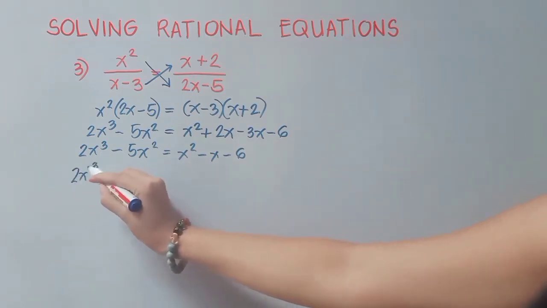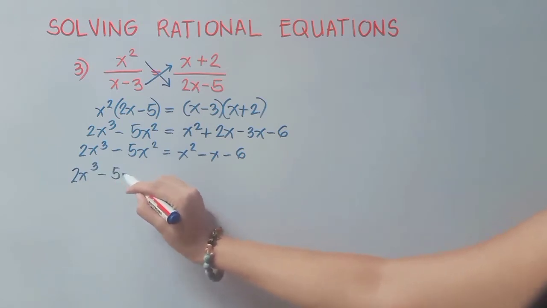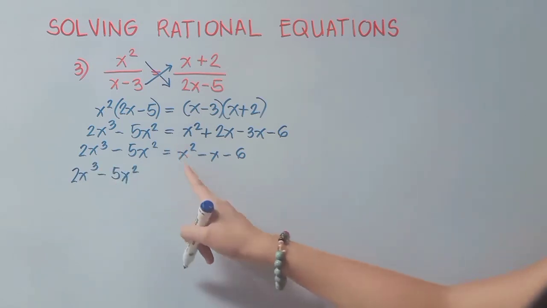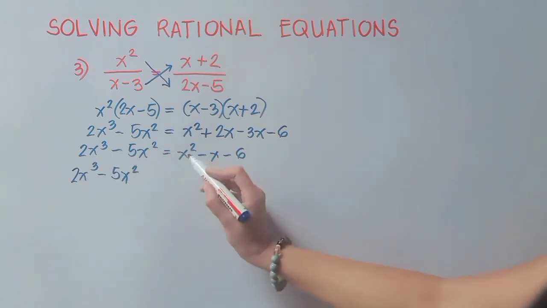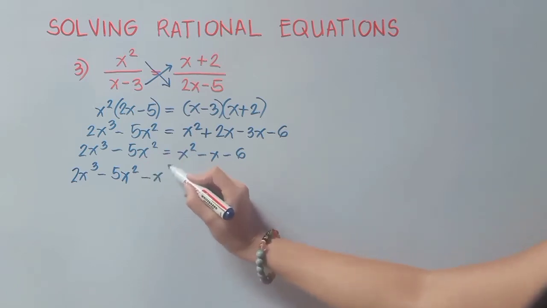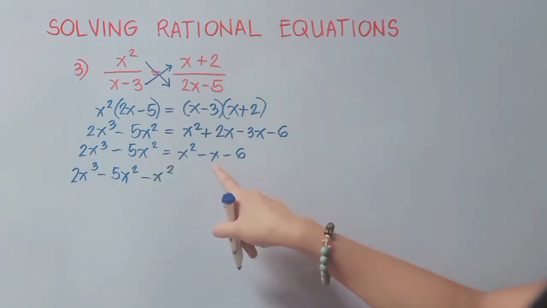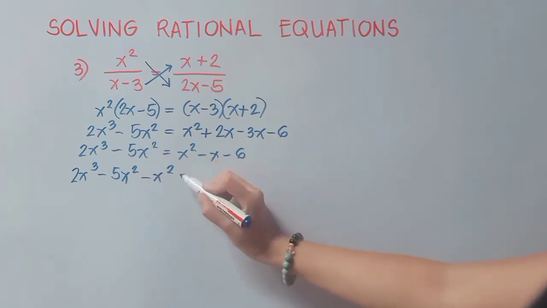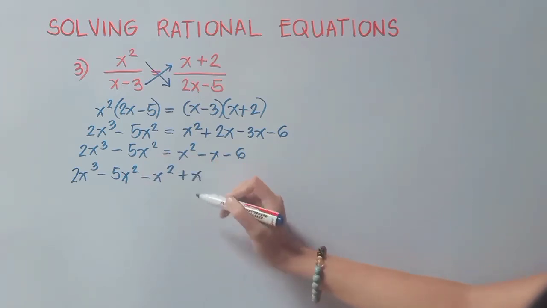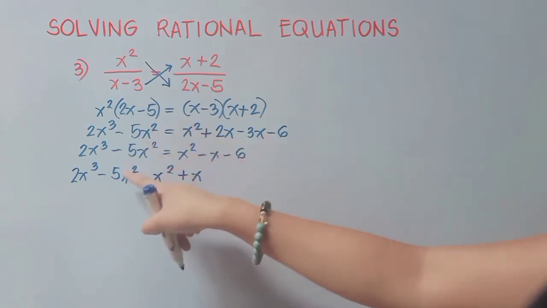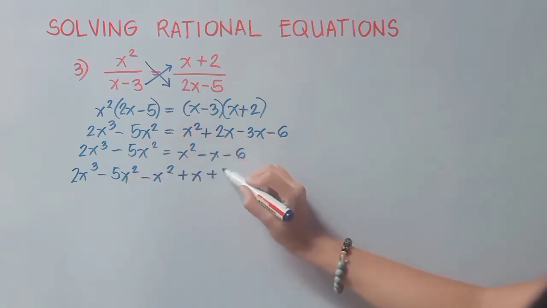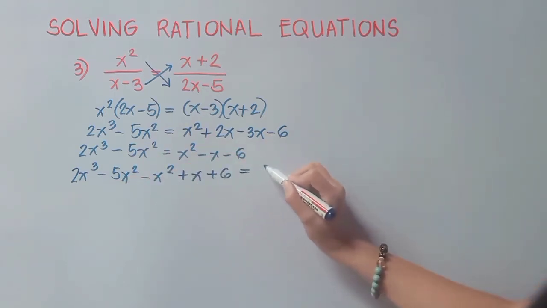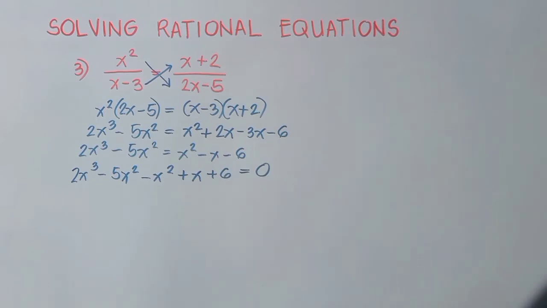That would be 2x cubed minus 5x squared. From positive, it will become negative x squared. From negative, it will become positive x. And from negative, it will become positive 6 is equal to 0.